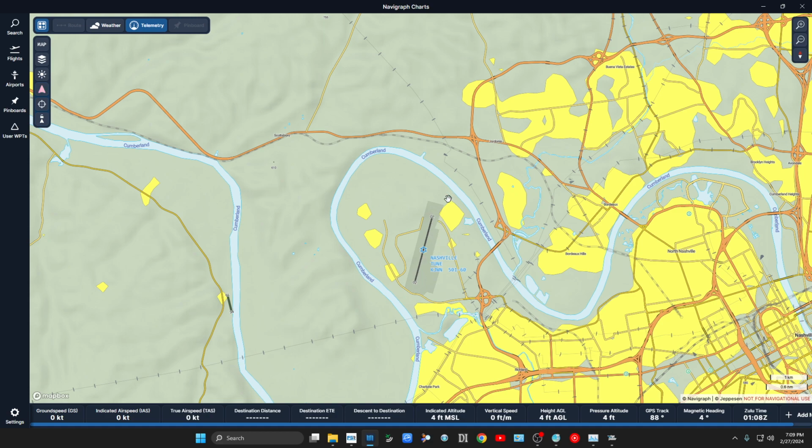It's just upside down. So if you depart 20, you're going to make left traffic. You would fly this way. This would be your upwind leg, left crosswind, left downwind, left base. And the same for right traffic. You'd be upwind, right crosswind, right downwind, right base.